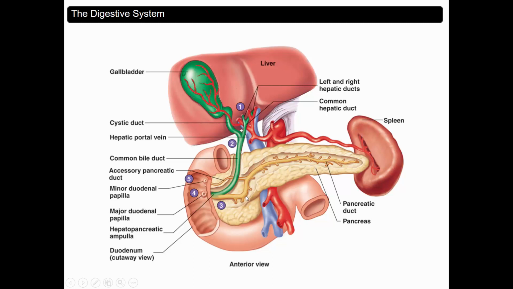So you should be able to see the pancreatic duct, and again, it's going to merge with our common bile duct at the head of the pancreas. Both bile and pancreatic juices and bicarb are going to go through the ampulla of Vater, through the major duodenal papilla, into the duodenum.